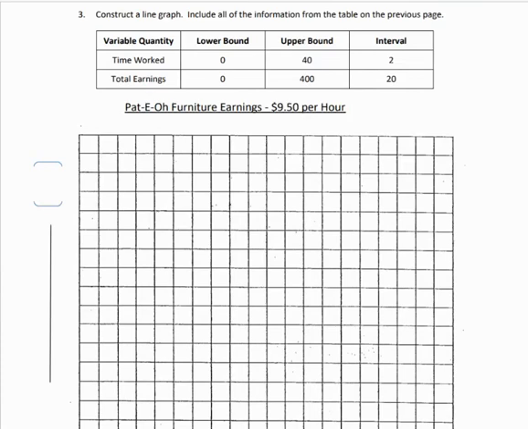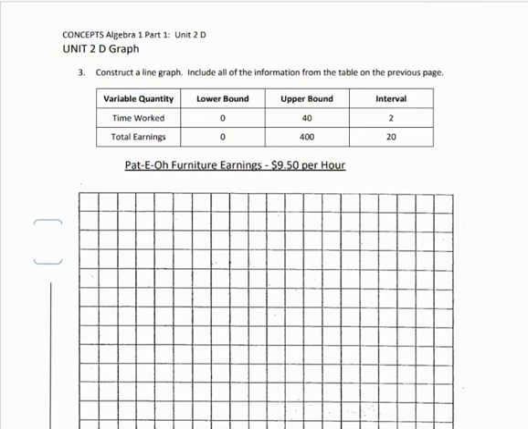Okay, so let's just all look at the table at the top of number 3 here, okay? Don't go off and graph yet. Let's look at this, because eventually this table is going to be completely blank and you're going to have to know how to fill it in, okay? So let's look at what the quantities are in here.